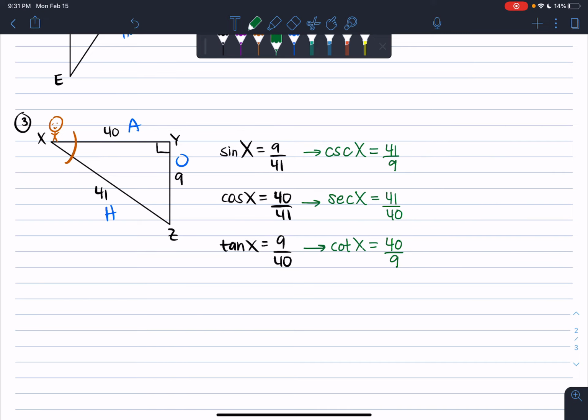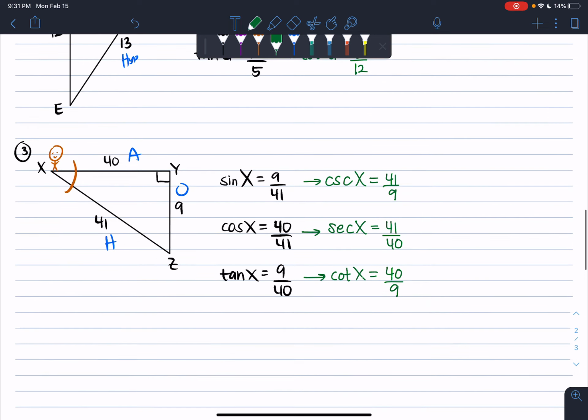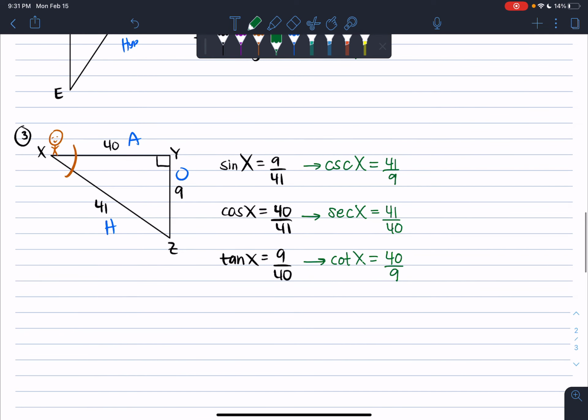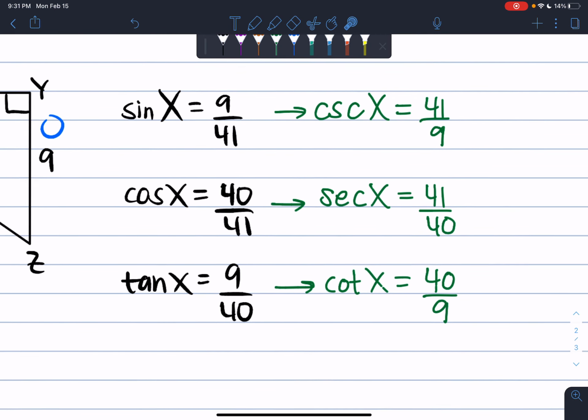Okay, so what we're doing here is going to be the main focus of today's lesson. What you want to be able to remember is which trig ratio is the reciprocal of which. So let's look at these a little bit more closely.